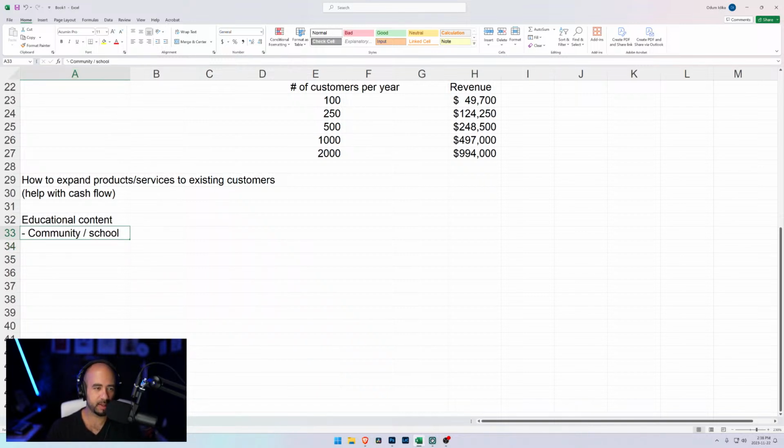Instead of doing that then, can I just Alt-7? There we go. We could have maybe even single purchase courses. And I guess I'll say this community and school, that will be tuition based.